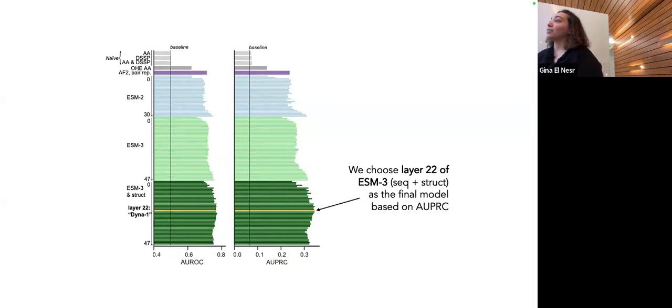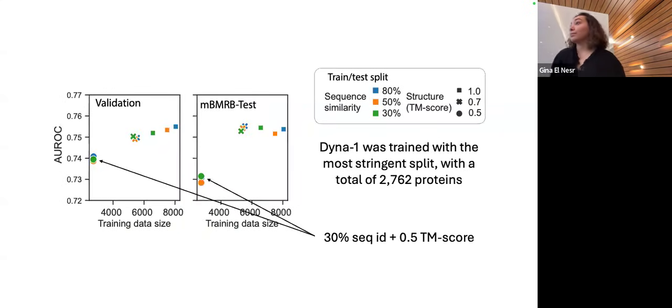So I have another question about data splitting. If you split by sequence identity, which is the very common way to split data, there are certain parts of proteins that can be very conserved when other parts of the same protein are very divergent.